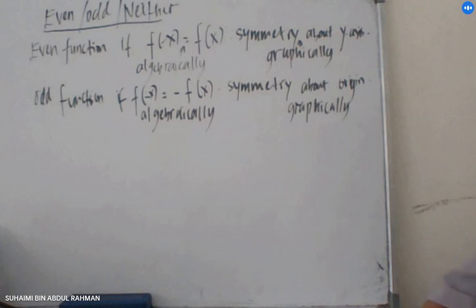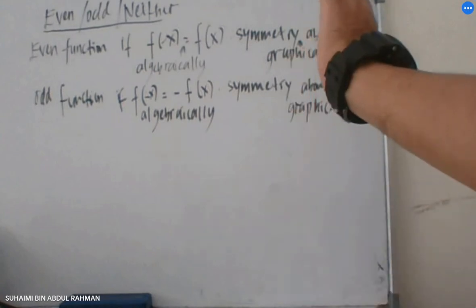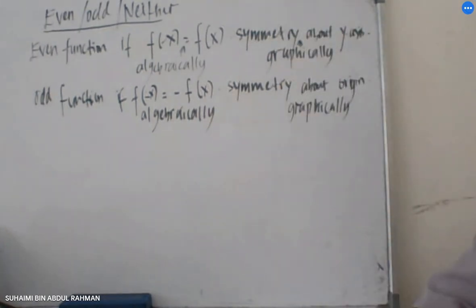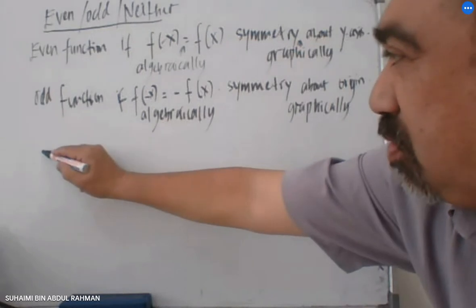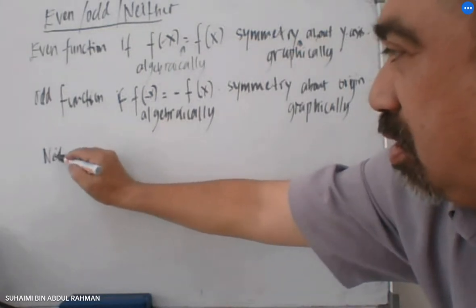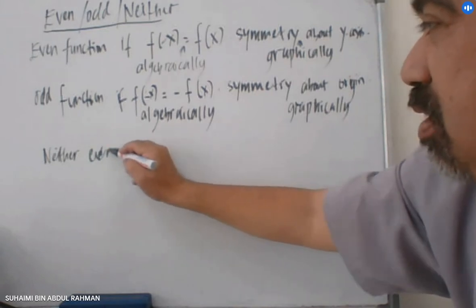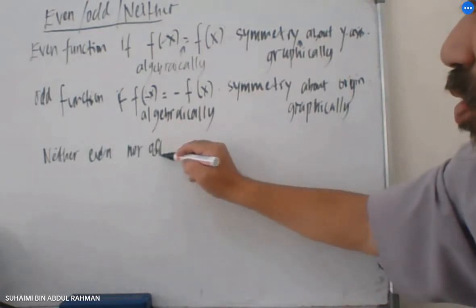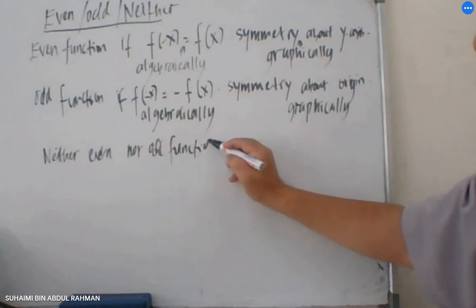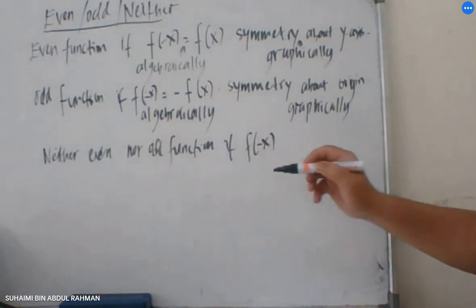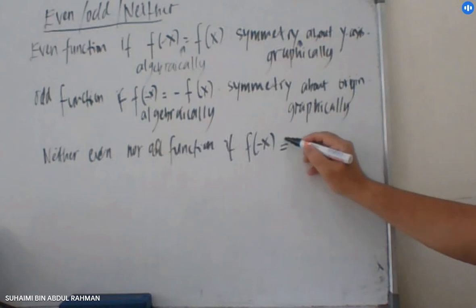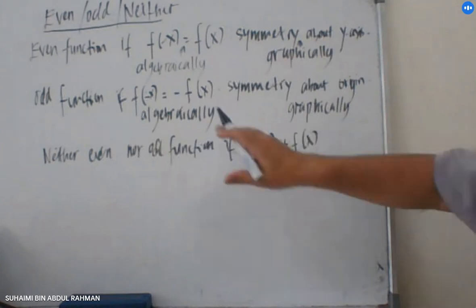Either that function, even function, or that function, odd function. The function, we say that neither even nor odd function if, when we substitute x with minus x, we do not have fx, not same as fx.